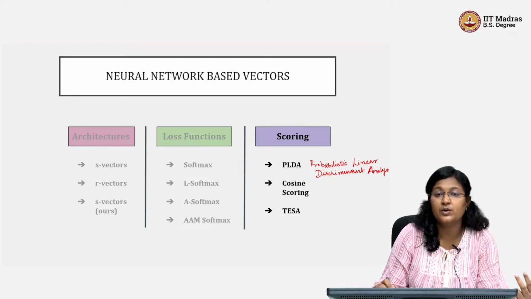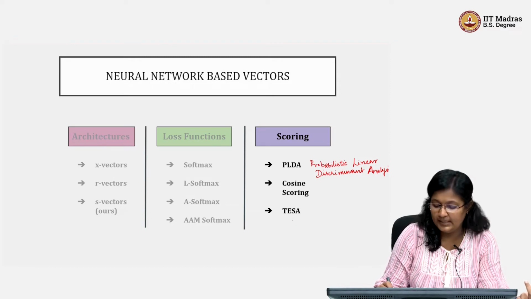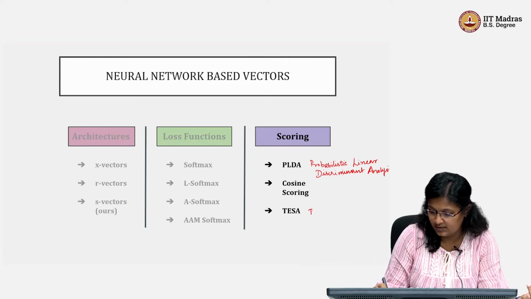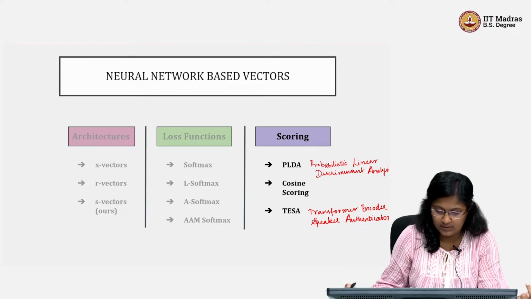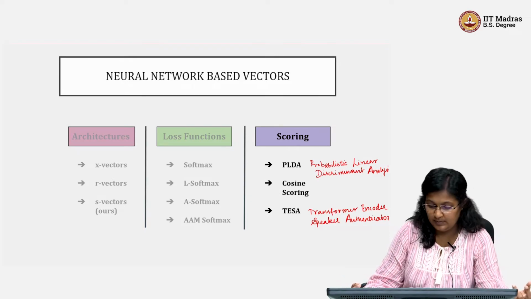Next is a simple cosine scoring, and then finally TESA, which is by our speech lab at IIT Madras. TESA is actually transformer encoder speaker authenticator. Okay, these are the 3 techniques which we will see under the scoring mechanisms.